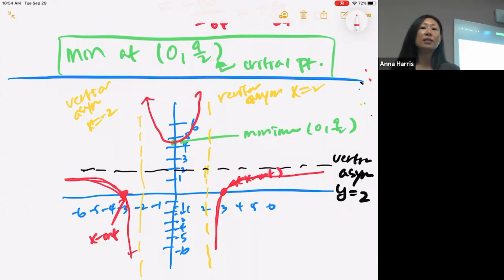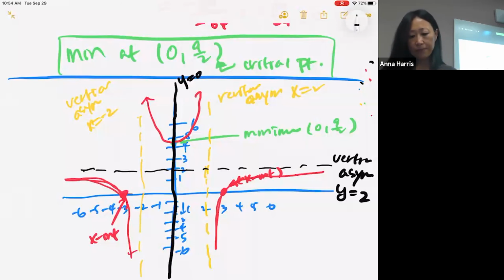What symmetric means is, when you fold it, they're exactly the same. If I fold it by this line, which is what? X equal to 0. Can you fold it exactly the same? Right? So your symmetry is where?